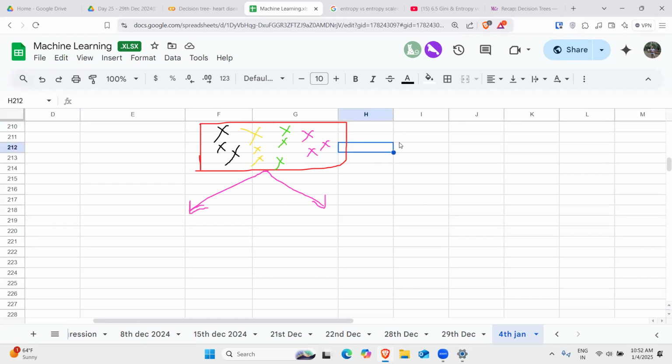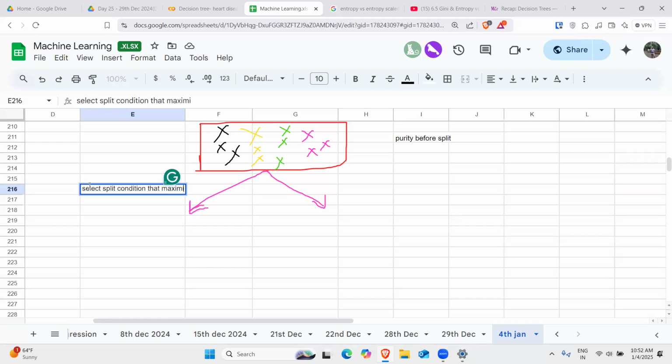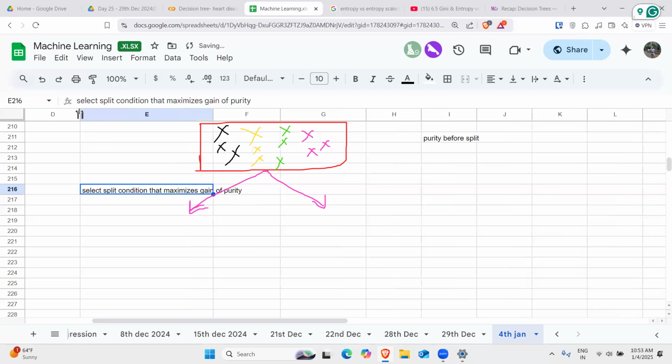So this is known as purity before split. And then we select the split condition that maximizes the gain of purity.